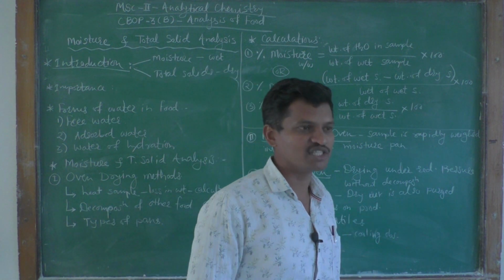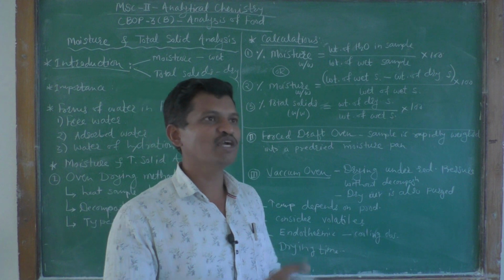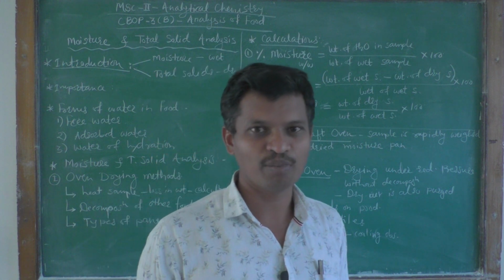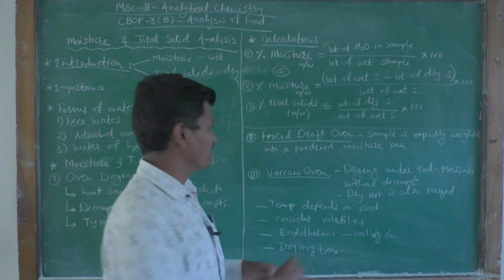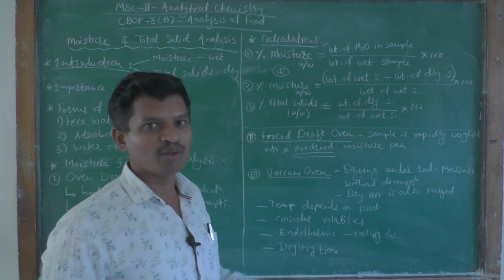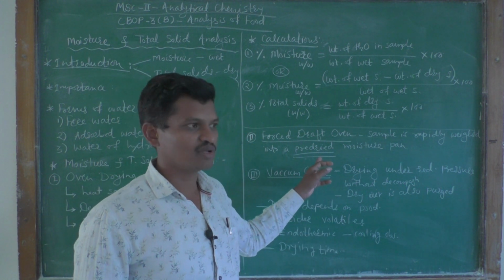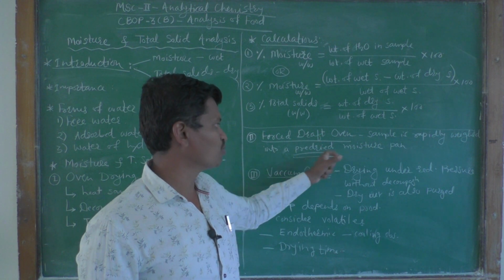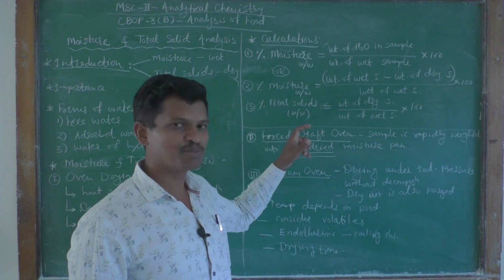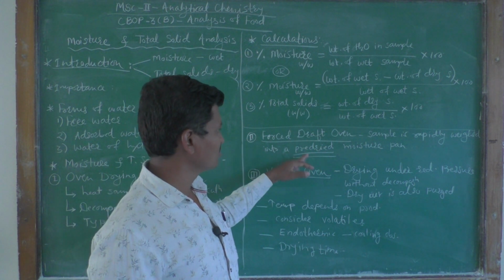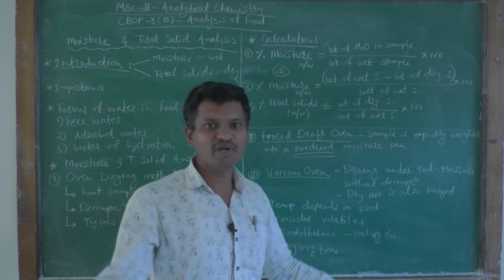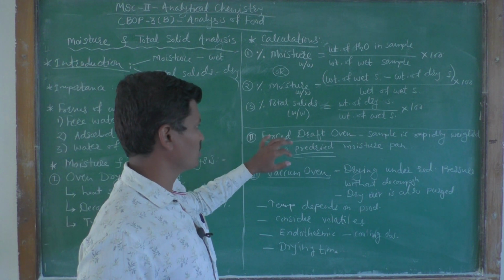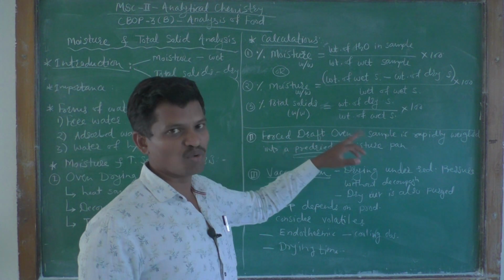Pre-dried moisture pan means the moisture pan on the surface of which we are determining the moisture content of that food sample is pre-dried with the help of steam at 100 degrees Celsius. With the help of steam, that moisture pan is preheated, or pre-dried, and on that pre-dried moisture pan the sample is rapidly weighed. That's why this type of oven is called a forced draft oven.